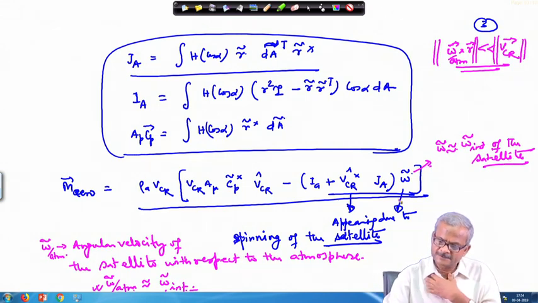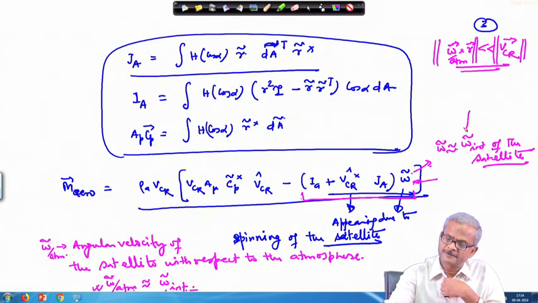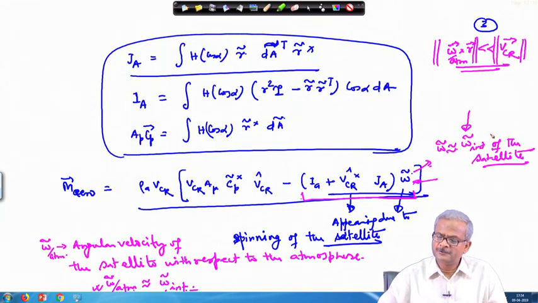Now, as we were discussing, this is a part which is coming because of the angular velocity of the satellite with respect to the atmosphere, which you can model as the omega inertial.